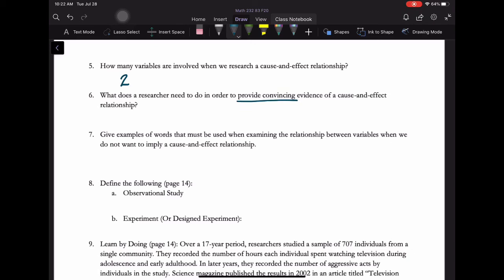Cause and effect is going to be something we talk a good bit about, but the only true way that we can determine cause and effect is by designing an experiment. I need to impose treatments in order to be able to determine whether there's cause and effect.